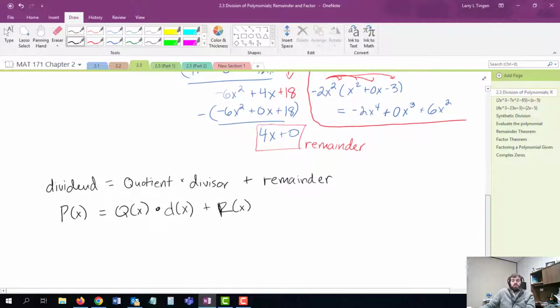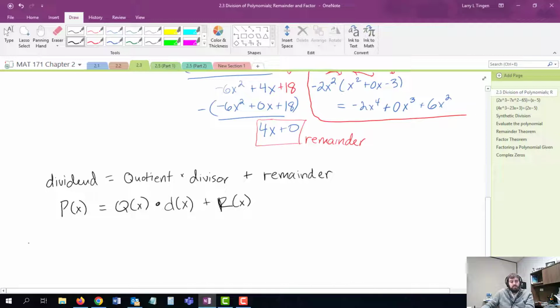So what have I done? Well, the dividend from this problem, the original problem, was x to the 5th minus 2x to the 4th plus x cubed minus 8x plus 18. That's p of x.